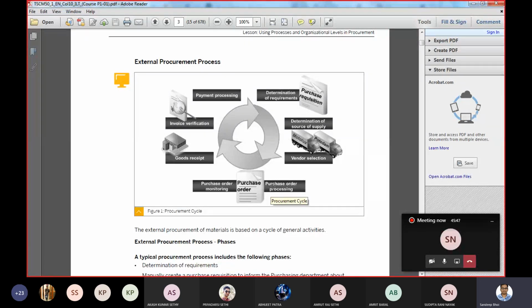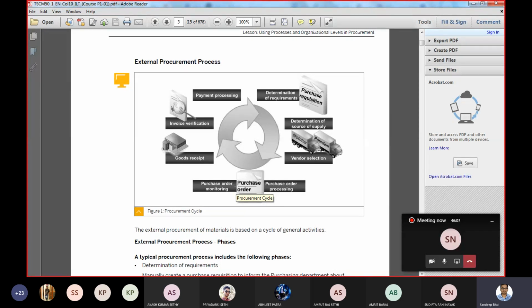So the purchase order will be issued to the particular vendor name, and then purchase order processing will be there. After you process the purchase order, you need to monitor it. How much material you require, and on what date you want to purchase or issue that purchase order.